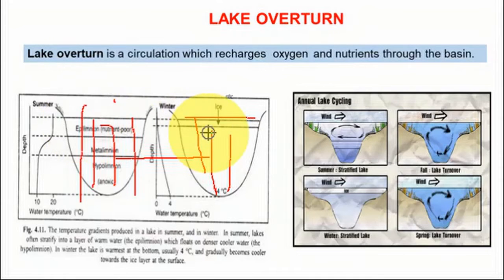When summer comes again, it reverts to the summer situation. So overall there is a loss and gain, a charging and recharging of oxygen and nutrients in the basin. This is called lake overturn in limnology.